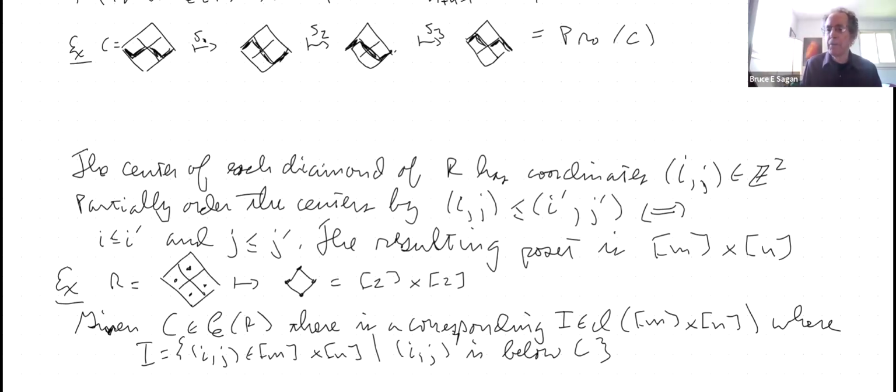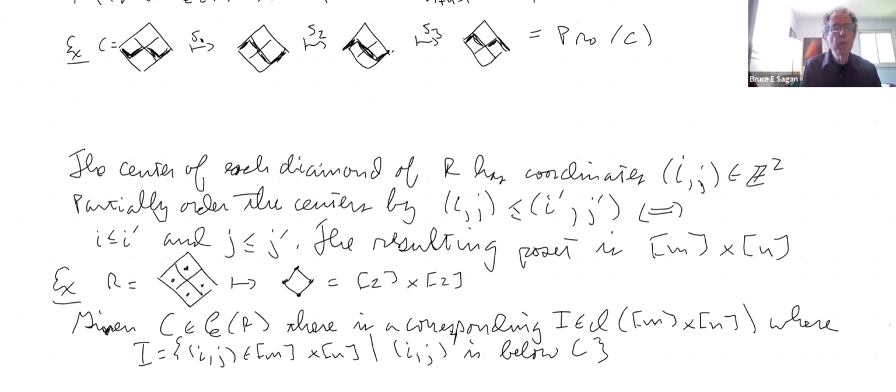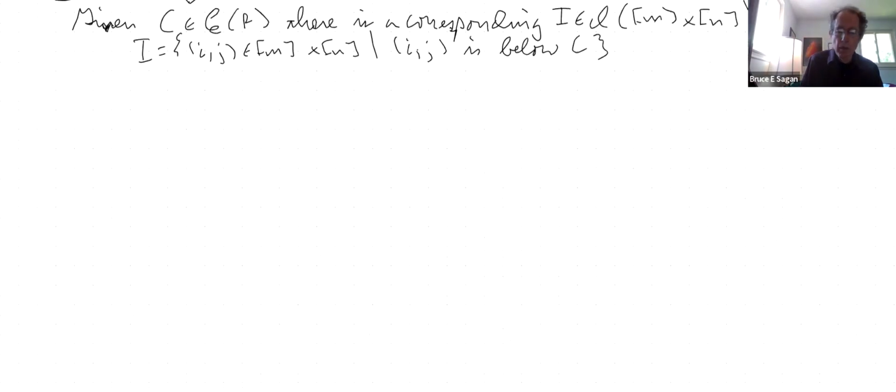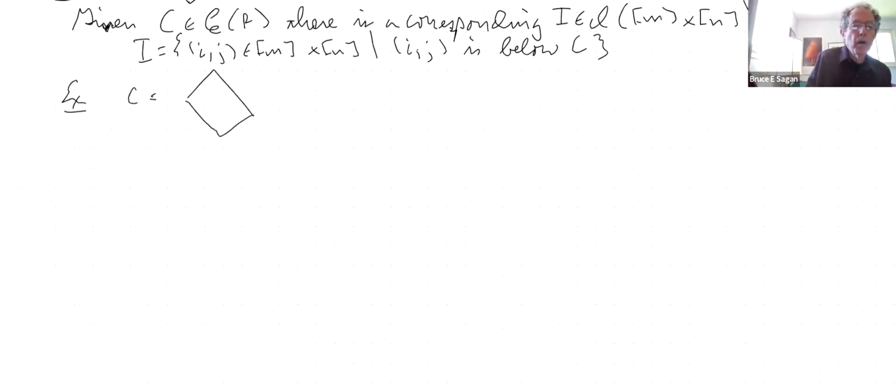Okay, let's do an example, make sure that it's clear what's going on here. Suppose I take the path that I was taking before. What would be the corresponding ideal?